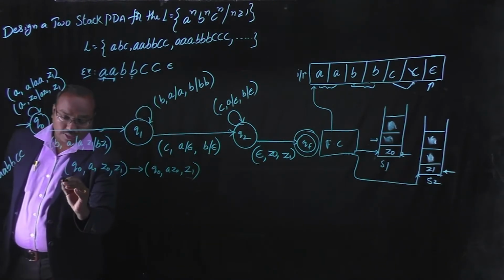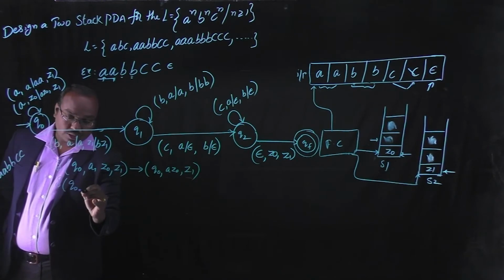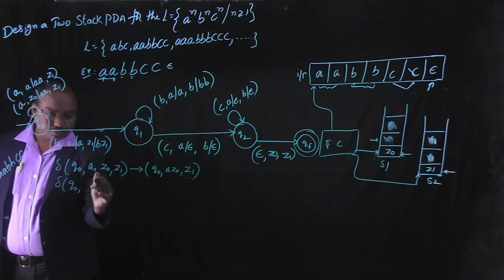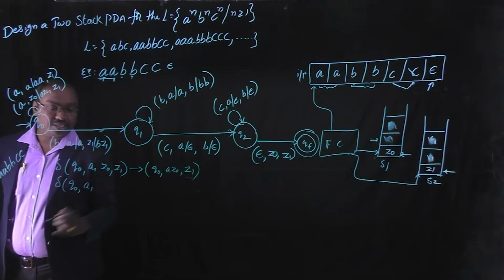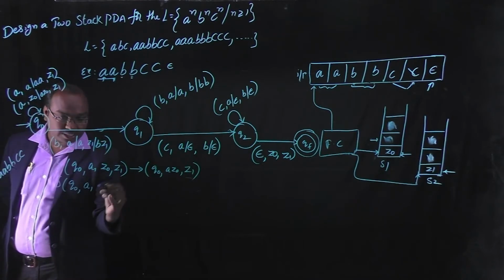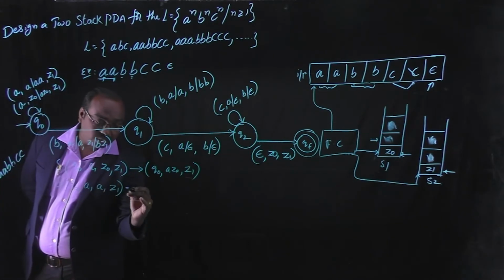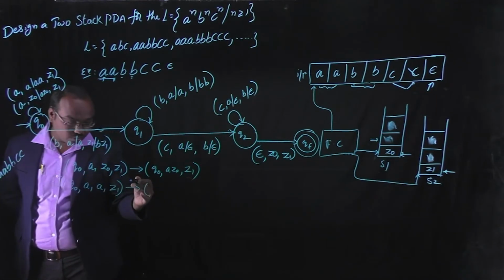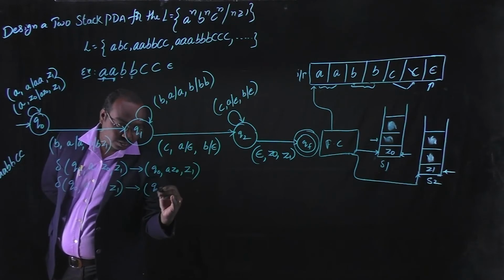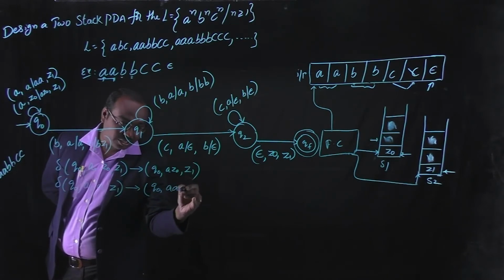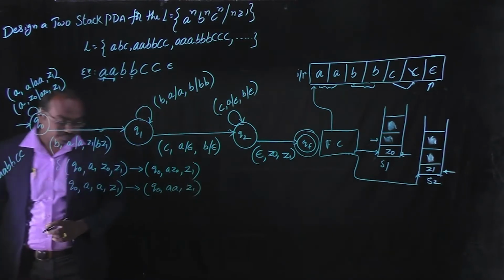Okay, next one, we are in state Q0. If the input symbol is A and the top element is A, and stack 2 top element is Z0, then A should be moved onto stack 1: Q0, AA, Z1.